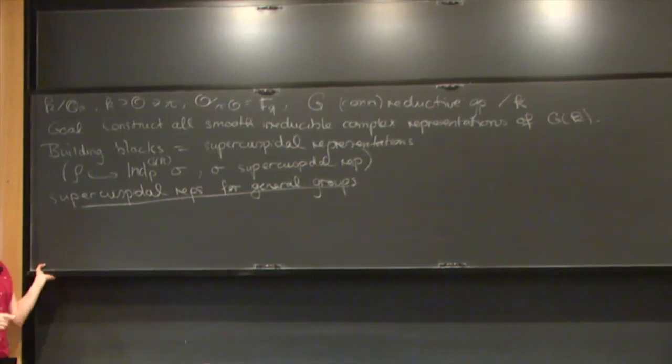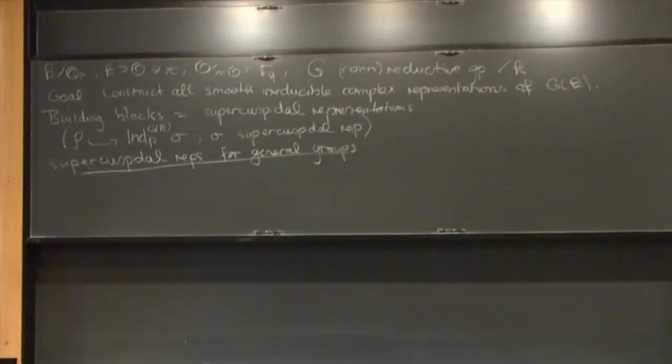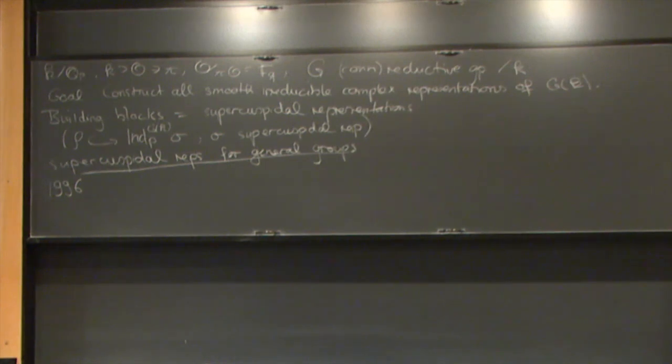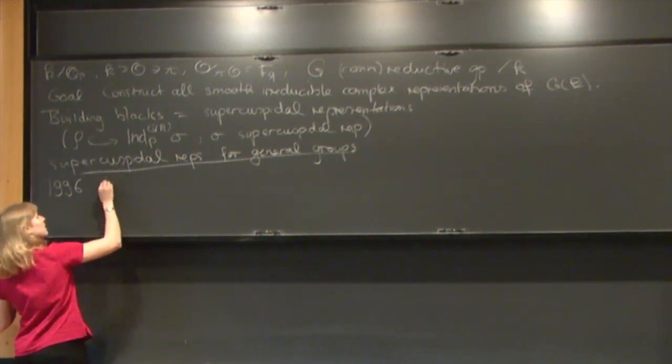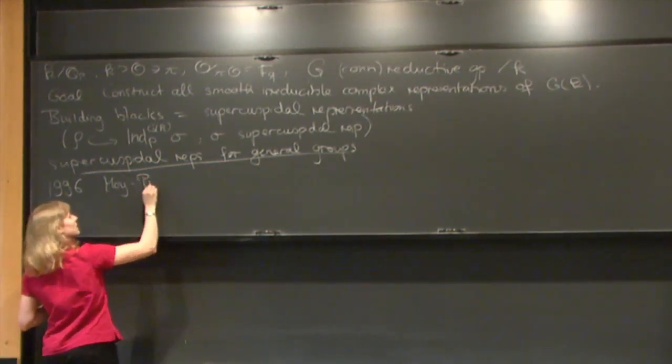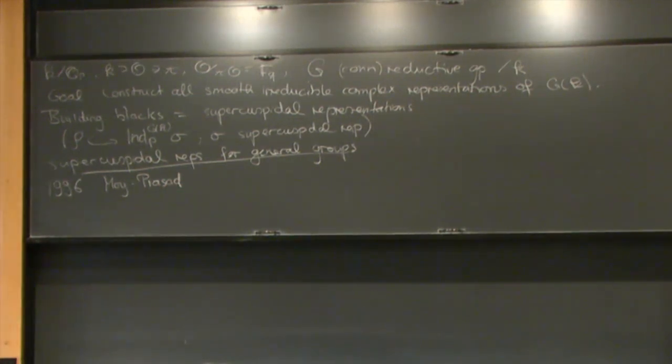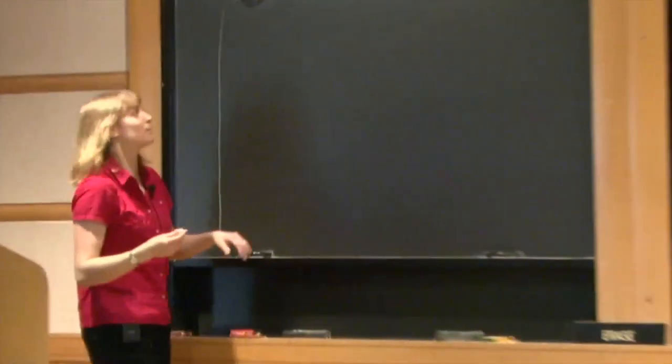There have been a lot of people who worked on some special cases, but one of the first constructions for general reductive groups was the introduction of the depth by Moy and Prasad in 1996. So what does it mean? If we think of representations, Mark Reeder always tells me he thinks of them as fish swimming in the ocean.